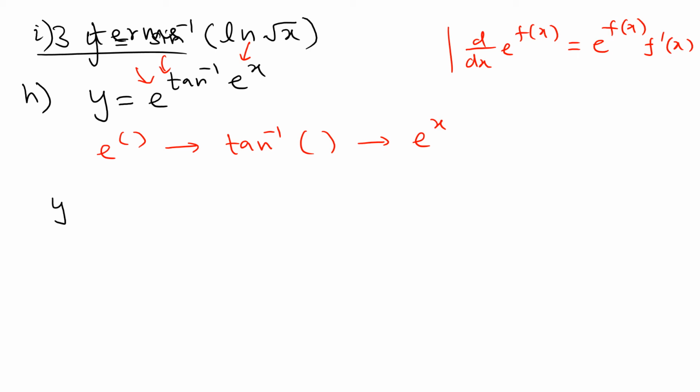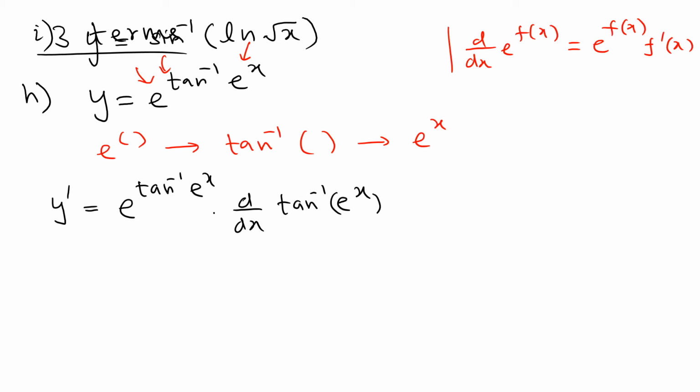So y prime equals e to a function, that means you repeat the function, and then multiply by the derivative of the next inside function. And as you can see, that is the derivative of tan inverse e^x, because that is the next inside function. You don't need a parenthesis here because tan inverse is a function, so there should be an argument, and you don't need a special bracket.